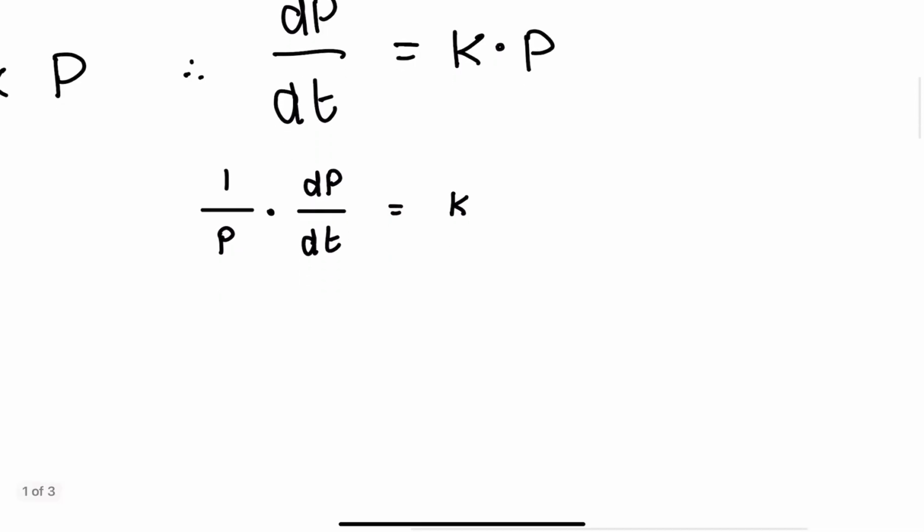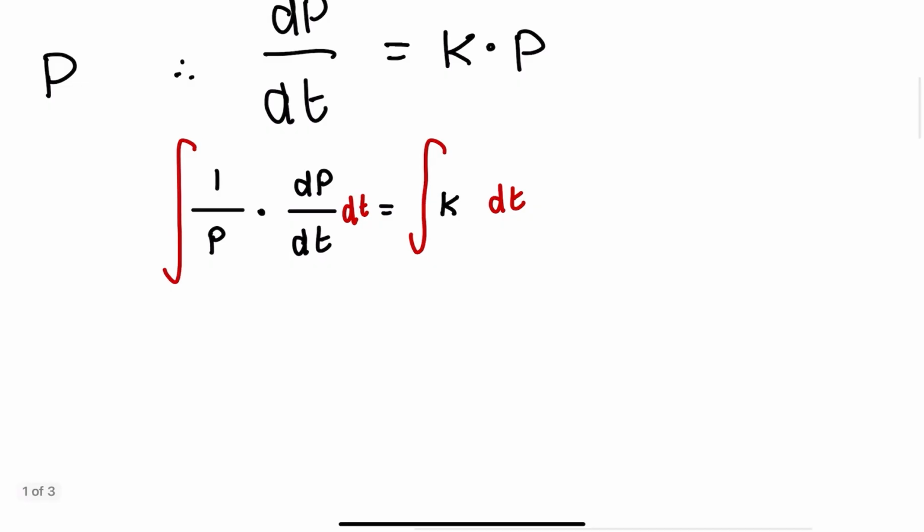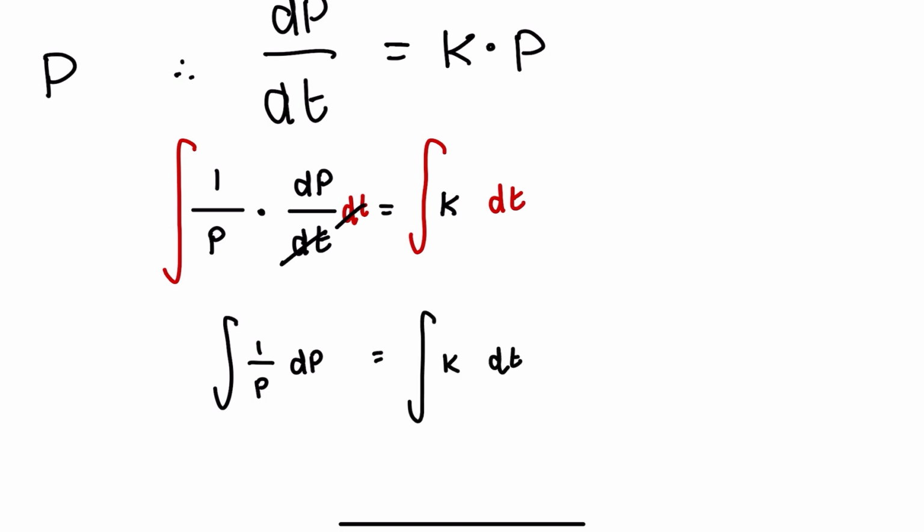I'm now going to integrate both sides with respect to time, like so. So the dt's essentially cancel out. So we've got the integral of 1 over P dP equals the integral of k with respect to t.